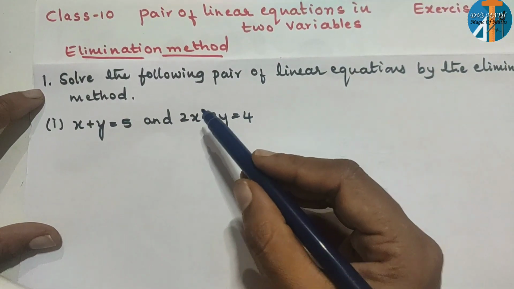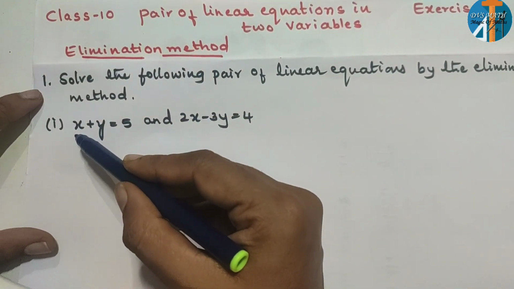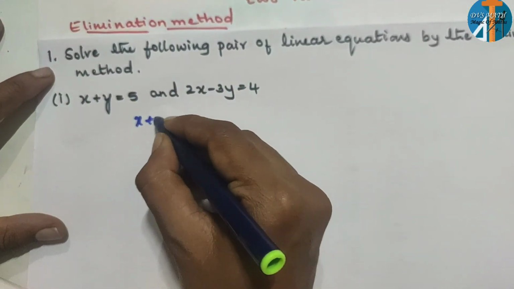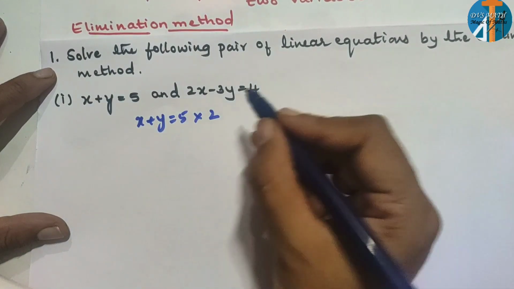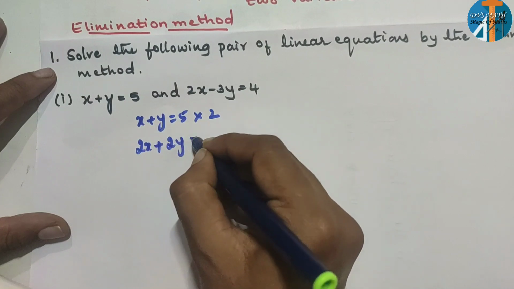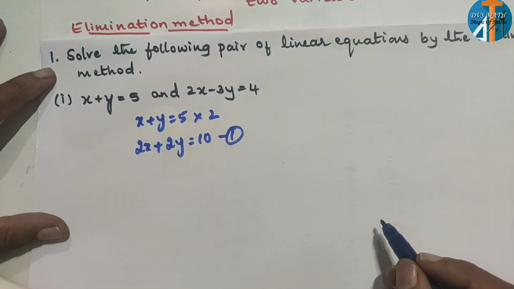So let us observe here. Here you have 2x, and here you have x. So if you multiply by 2, it becomes 2x, right? So let us write. Here, x plus y is equal to 5. If you multiply by 2, 2 into x is 2x, plus 2 into y is 2y, and 2 into 5 is 10. We got equation 1.